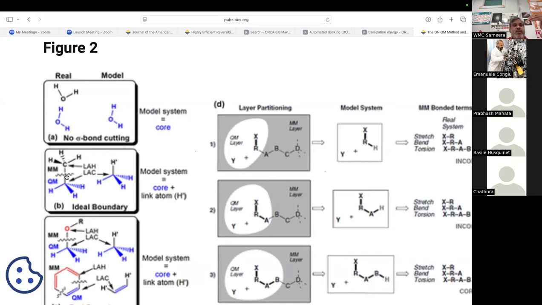But if you have a situation like this, where the boundary is here, you don't really break covalent bonds. In that case, there is no link atom basically, so the computation is quite simple. But in this case, we always add a link atom.